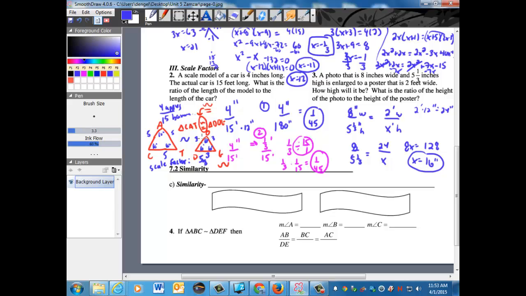Okay, and I'm getting in front of myself, but you can say that the scale factor of these two triangles would be 5/3. All right, 5 over 3. All right, similarity has same shape, but not necessarily same size.